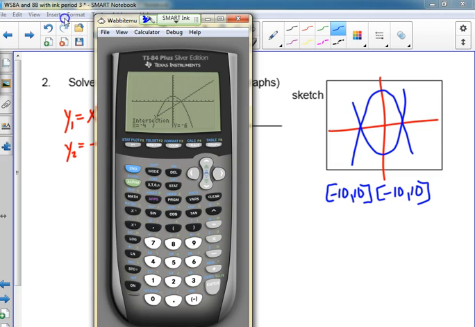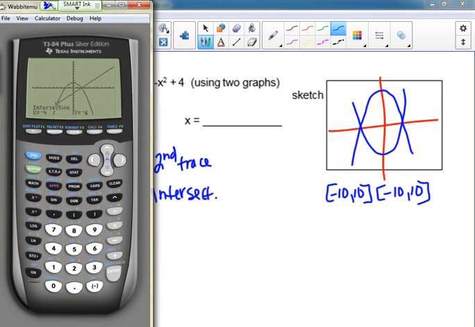What do you get? Was it x squared minus 4 and negative x squared plus 4? Am I remembering right?